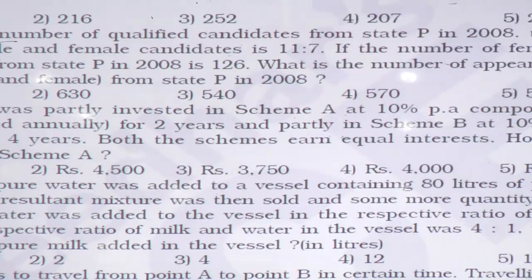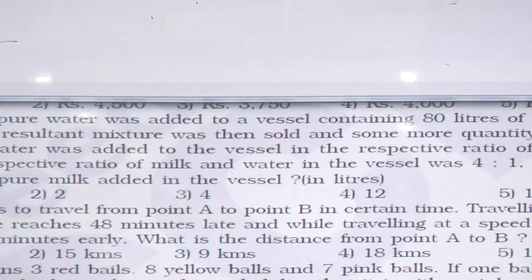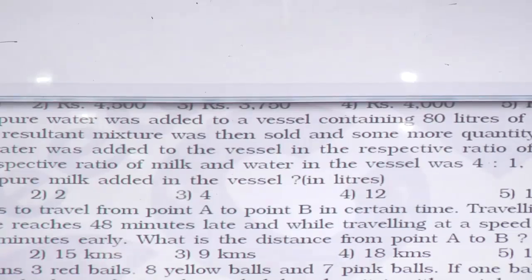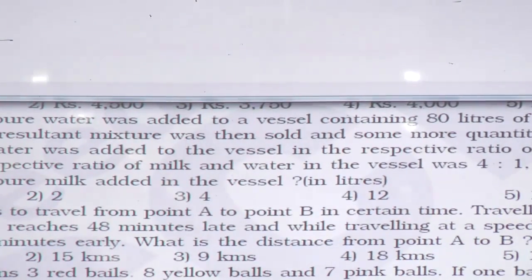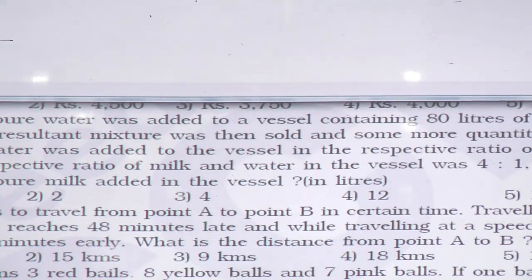Right, next, 52. 18 liters of pure water was added to a vessel containing 80 liters of pure milk. 49 liters of this resultant mixture was taken and then sold, and some more quantity of pure milk and water was added in the vessel in the respective ratio 2:1.